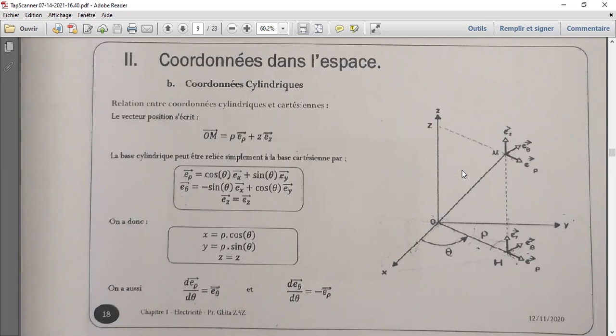We're not going to spend a lot of time here because it's not important for you. The important thing for you is the displacement. How does the displacement take place? That's where cylindrical coordinates matter. That's the important thing.